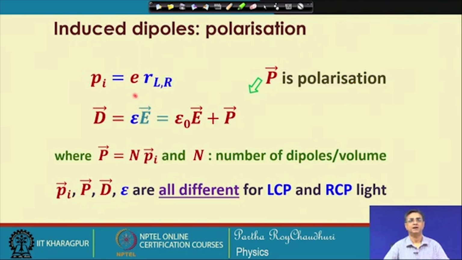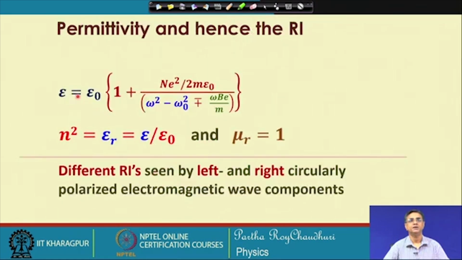As a result, the dipole moment will change for the left handed rotation of the electron and for the right handed motion of the electron. The polarization P we can calculate in the same way, which will eventually give you the displacement vector, and also from here we can calculate the permittivity of the medium in presence of the magnetic field.